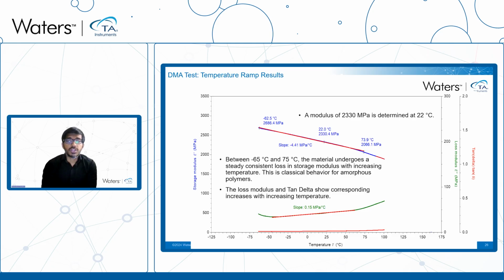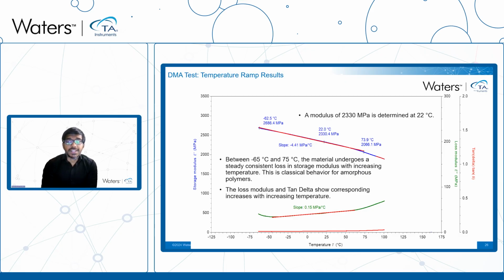Now, at the midsection of the curve, between negative 65 degrees Celsius and 75 degrees Celsius, the material underwent a consistent reduction in storage modulus, which is accompanied by a stable rise in the loss modulus as well as tan delta as the temperature was rising.